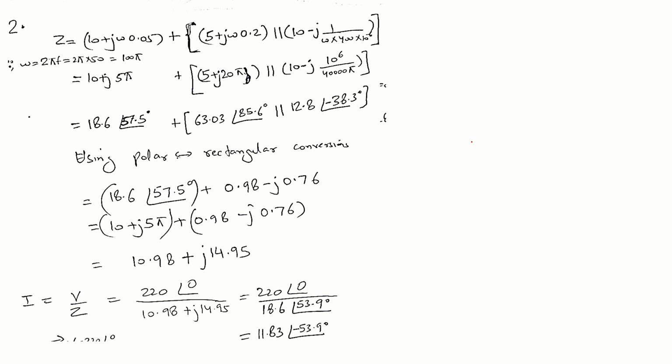So if you look into this circuit, we have three impedances. Two impedances correspond to the two parallel branches, and the third impedance is connected in series to this parallel combination.